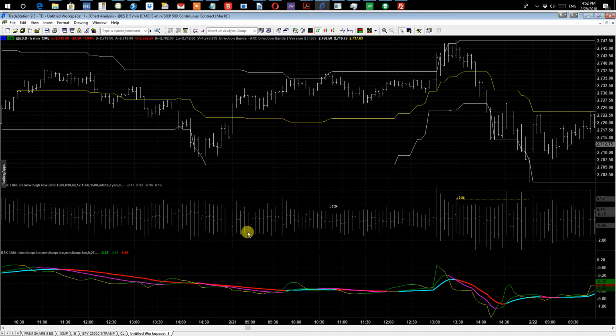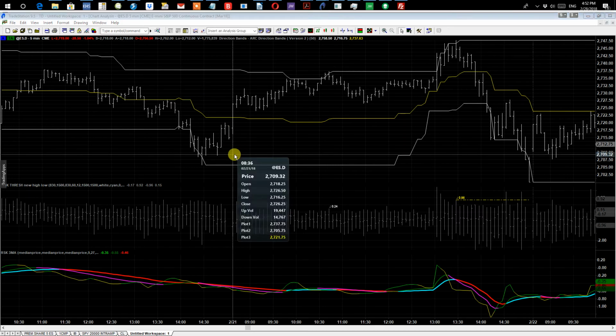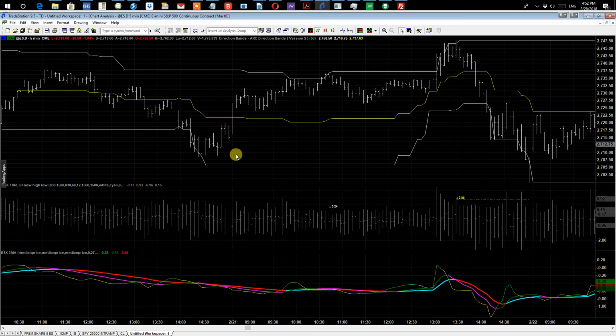Look at this again. Look at the raw data. You get a big move up right at the beginning, higher high. This is a lower high. Okay, this is a lower high.